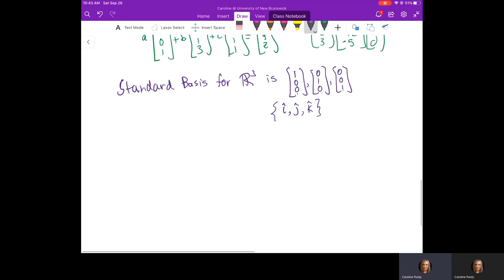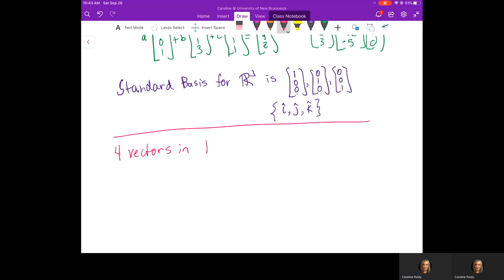So what would not be a basis is if they had the wrong number of vectors. So if you had 4 vectors in R3, they might span R3 when you reduce it, but there will always be a free variable.